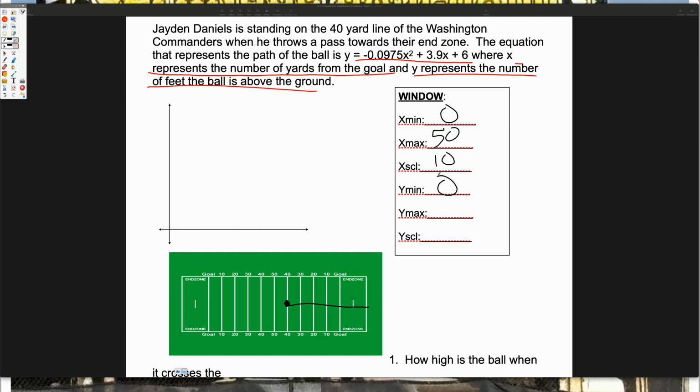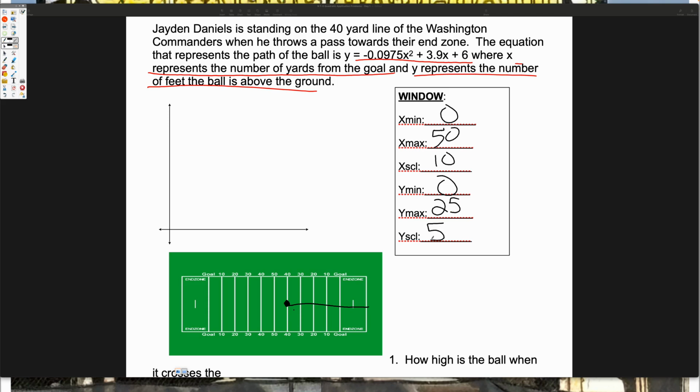Let's start there, okay? Y max 25, 25 feet in the air. So Y min 0, Y max 25, and then Y scale, let's just say 5. So 0 to 25, each mark represents 5.